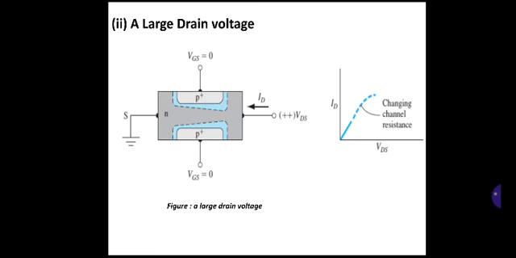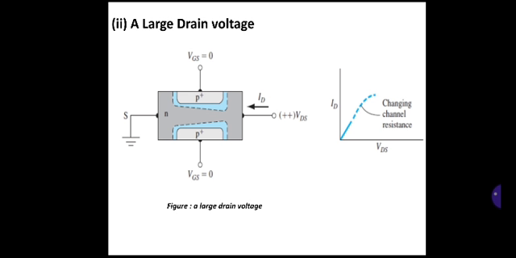Now this is the second figure, second case, a large drain voltage. The figure shows a large drain voltage. As you can observe here, again the source is grounded and VGS is held at 0 volts, but the drain terminal voltage VDS is increased.